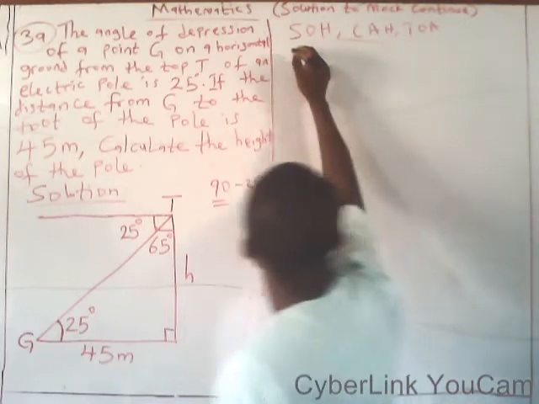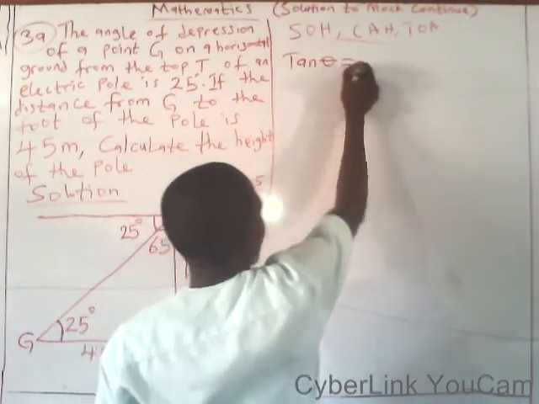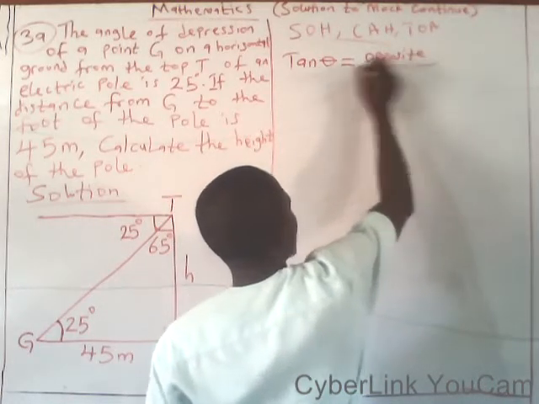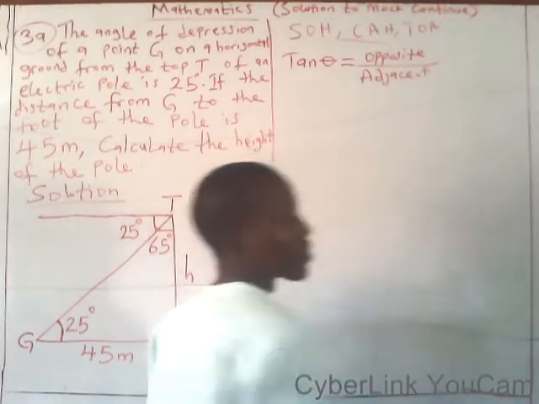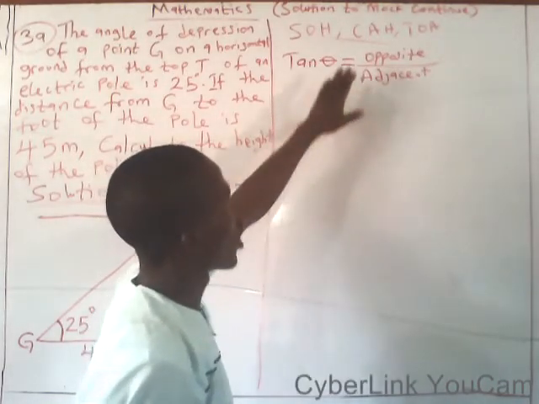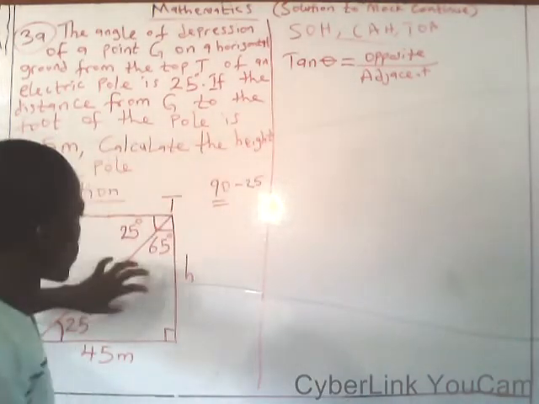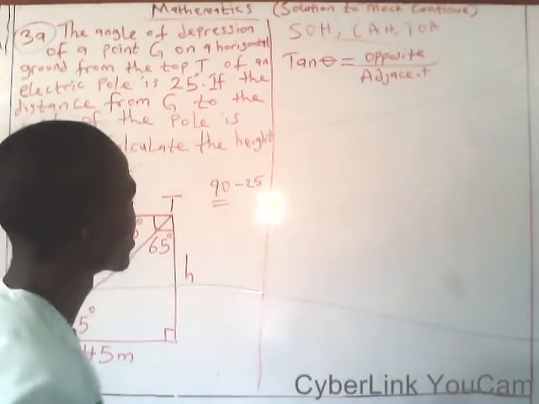In that case, we are making use of tan theta, which is opposite all over adjacent. From the right angle triangle we've drawn here, what is our opposite? Our opposite is H.